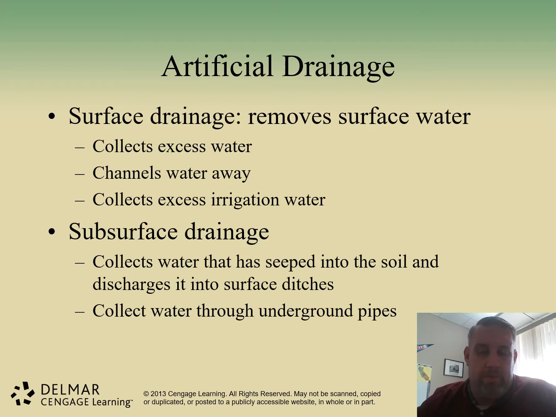These underground pipes, if you're doing them in a landscape, many people have heard of French drains. These would be a perfect example of a subsurface drainage application, and they include rocks and certain types of pipes, and they are then accessed as the water drains out of the soil.